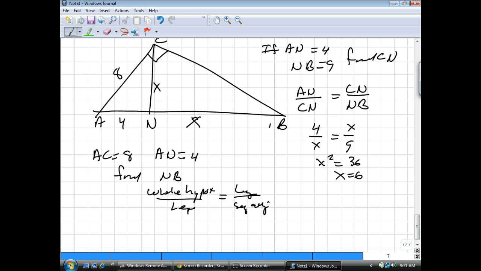So the whole hypotenuse would be represented by 4 plus x is to the leg, as the leg is to the segment of the hypotenuse adjacent to that leg, so it would be 4. And so we solve that one. So we do means and extremes.